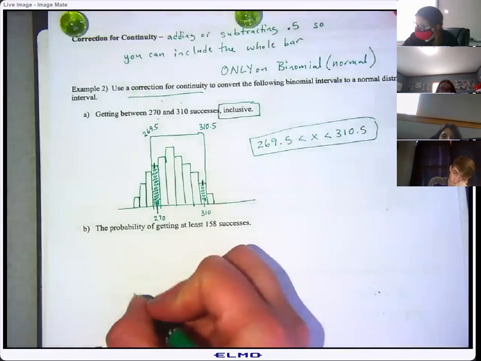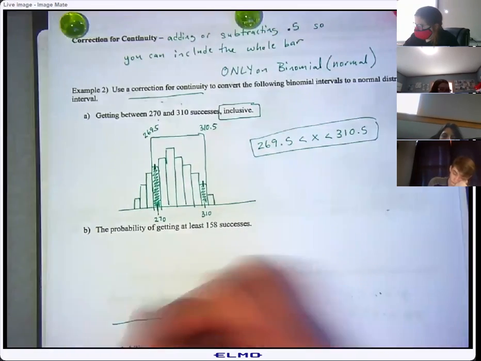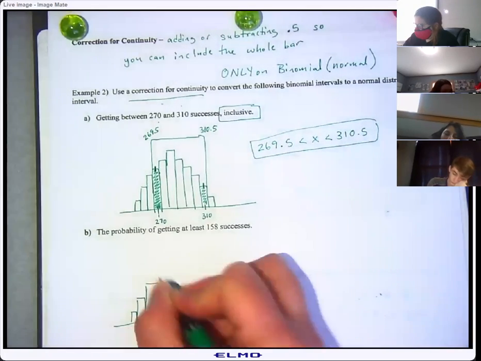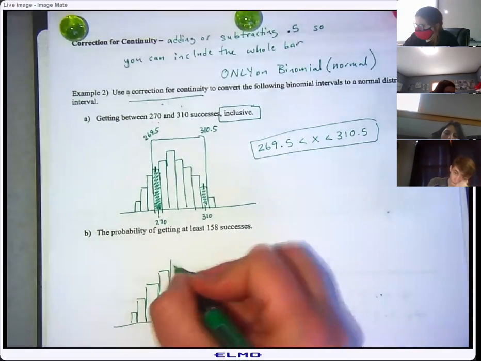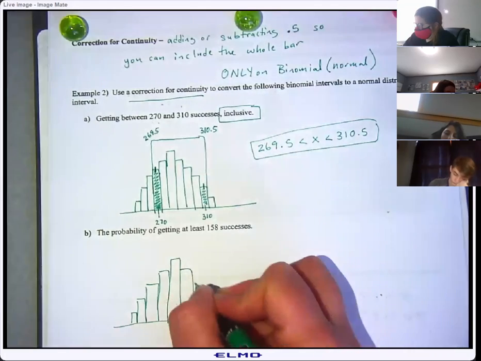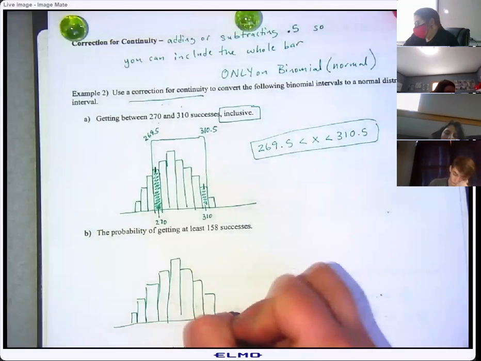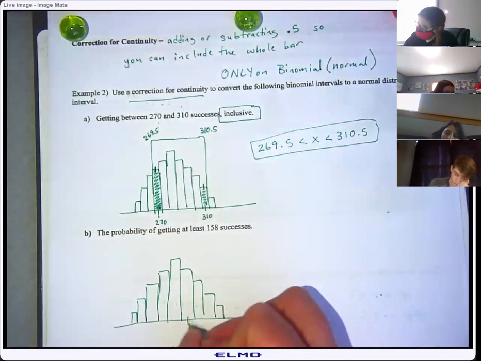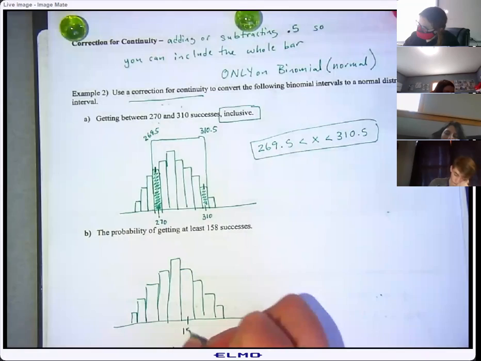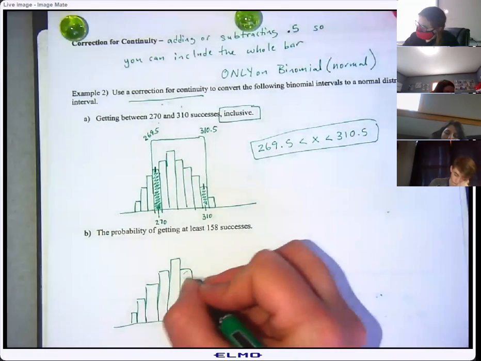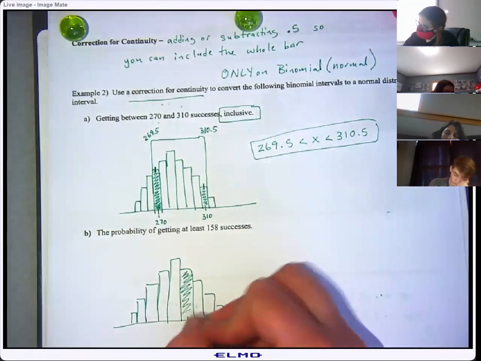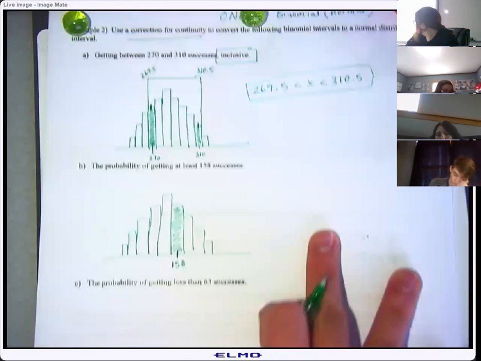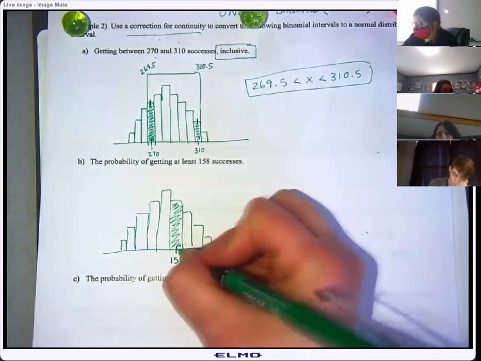All right, now we're going to try this again. If I was drawing this well, all of these bars would be approximately the same width, but I'm going to call this bar 158.